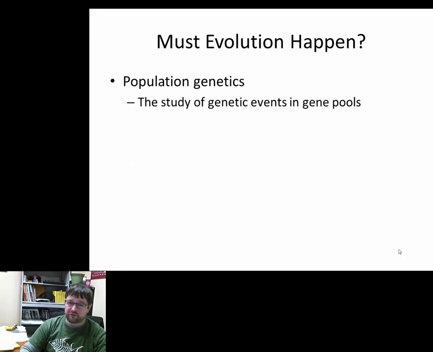So population geneticists really study gene pools or genetic events. They study how populations change over time. So maybe they go out and sample a population, and then they go back and sample the population 5 years later to see if the population has changed within those 5 years.